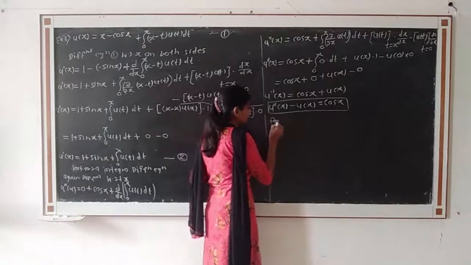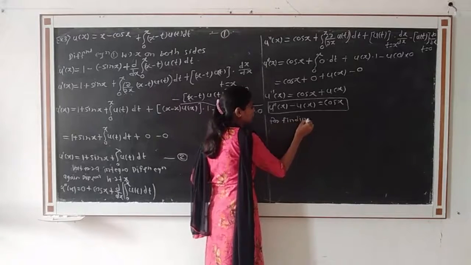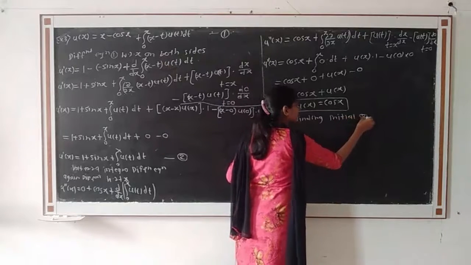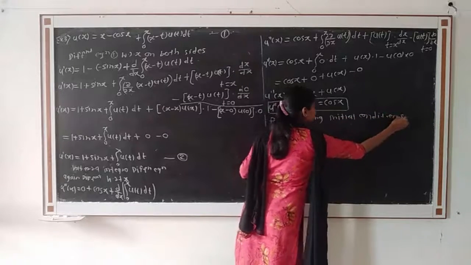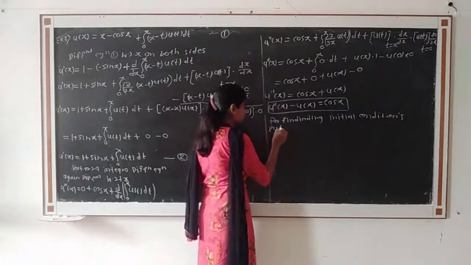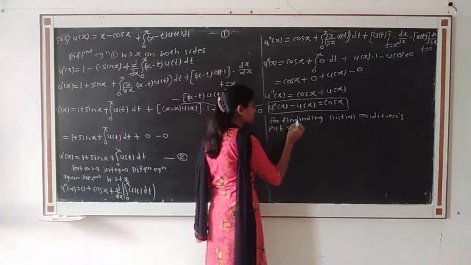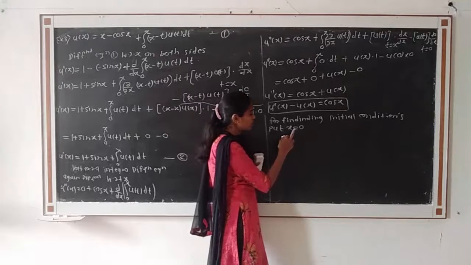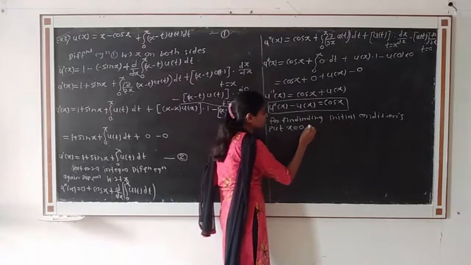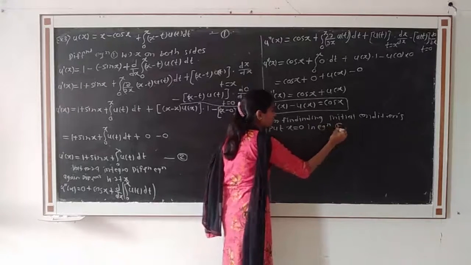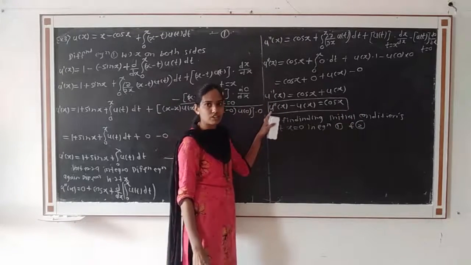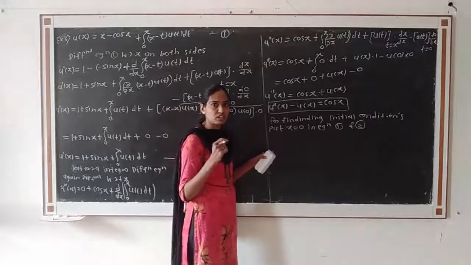Then for finding the initial conditions, put the lower limit, that is x is equal to 0, in equation numbers 1 and 2, because here we have a second order differential equation, therefore we have to find two initial conditions.